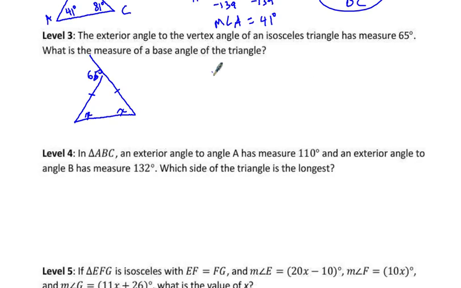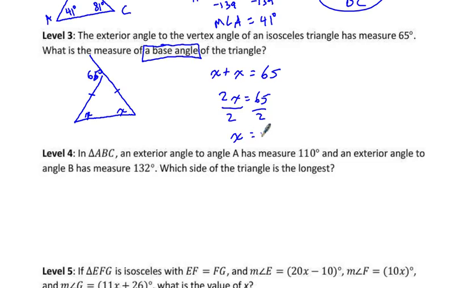And so we know that x plus x equals 65, and they want to know the measure of a base angle. So just one. All right, 2x equals 65 degrees, divide by 2, x equals 32.5 degrees.